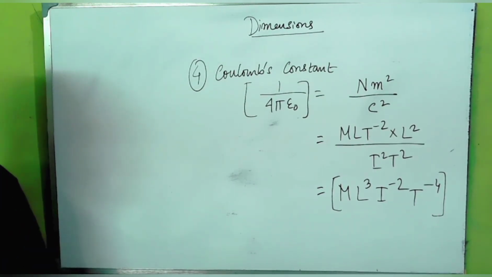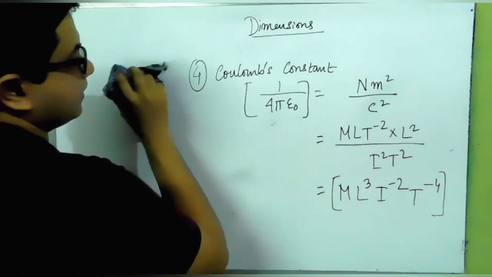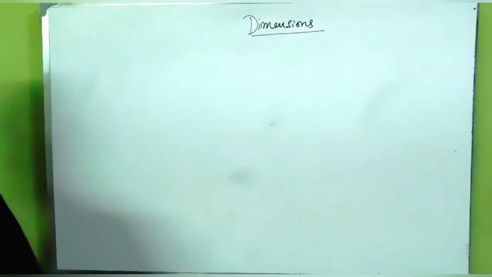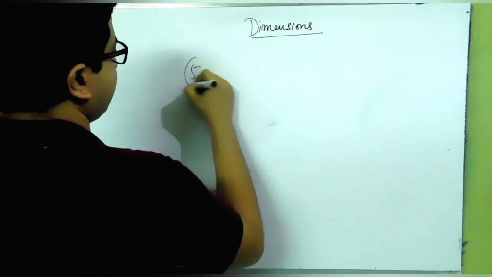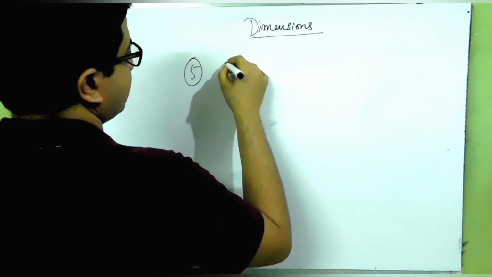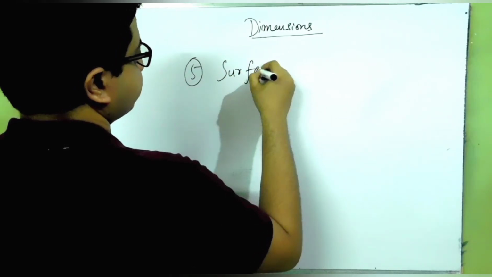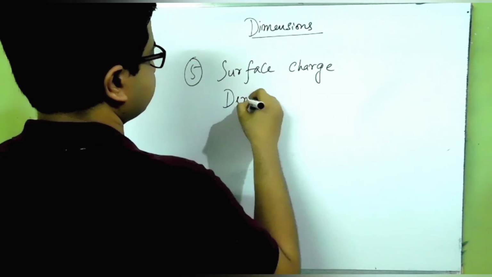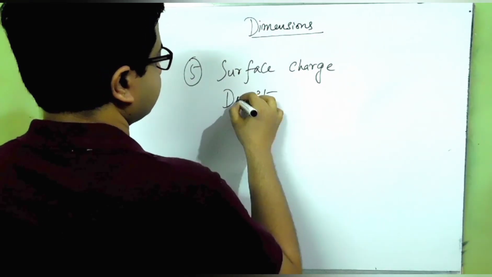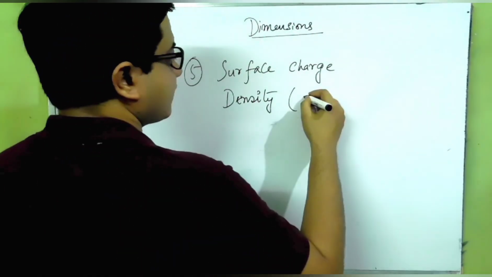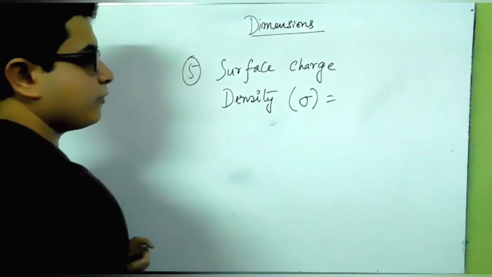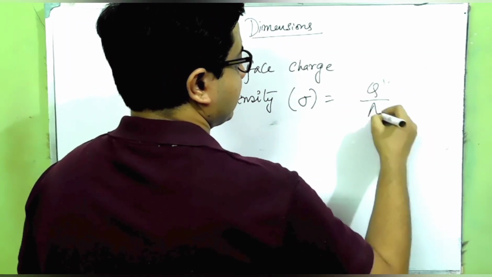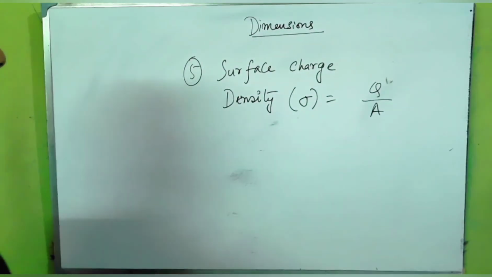Now we are going to derive the dimension of surface charge density. As we have learned earlier, surface charge density sigma is equal to q by A. It is charge per unit area.